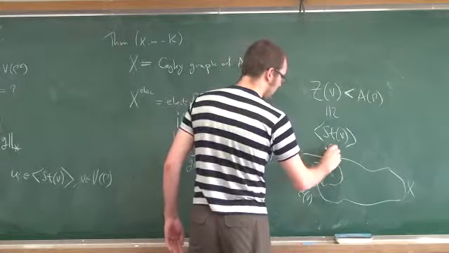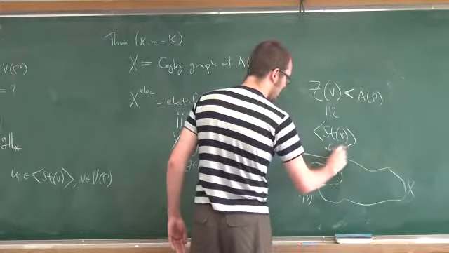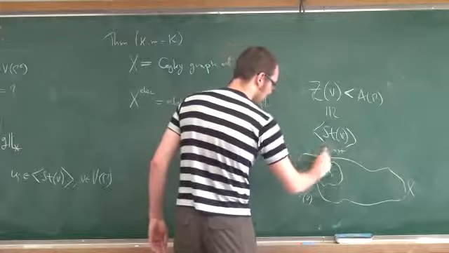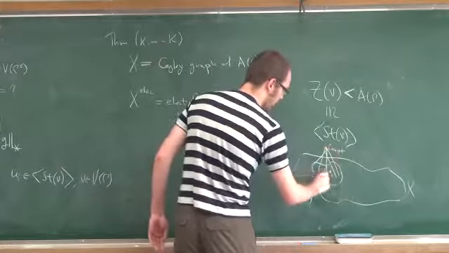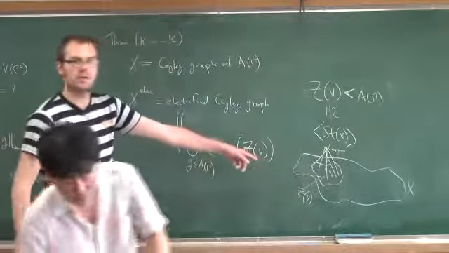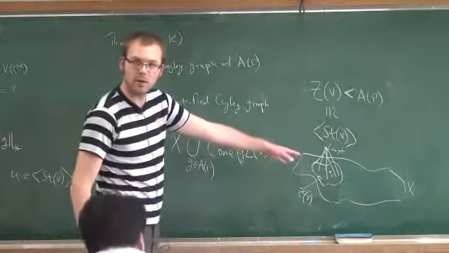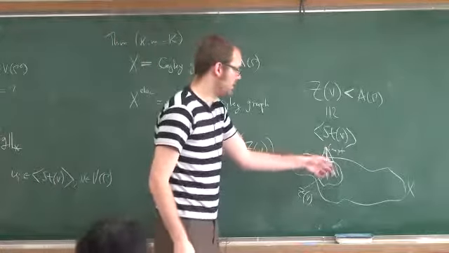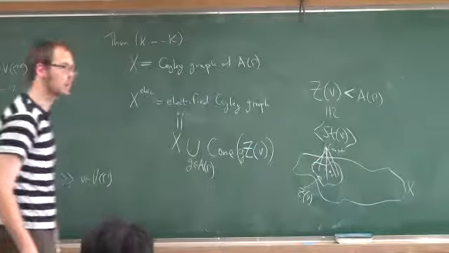I join this cone point to every vertex in this subgraph. I declare each of these edges to have length 1/2 or something like that.